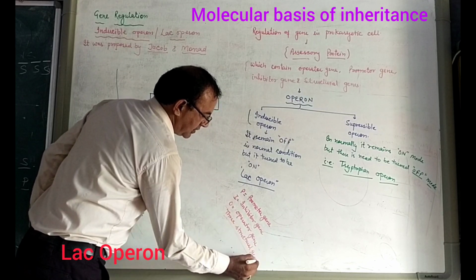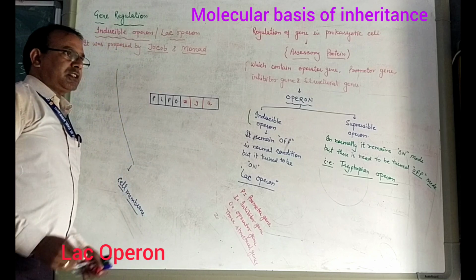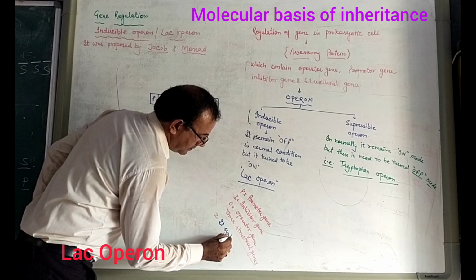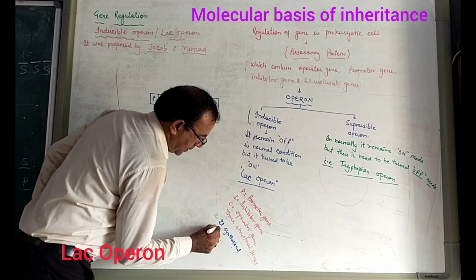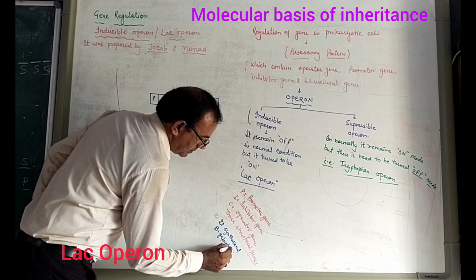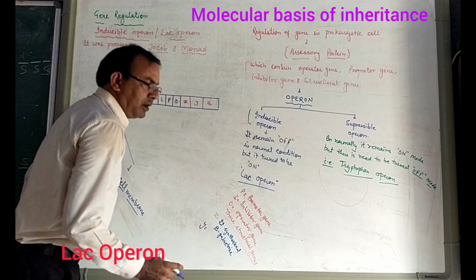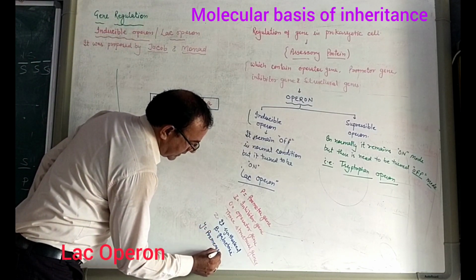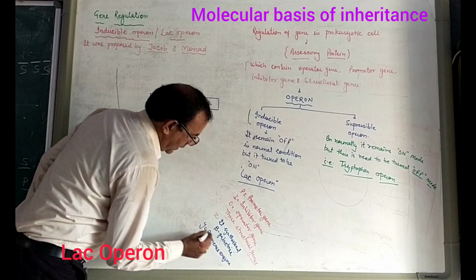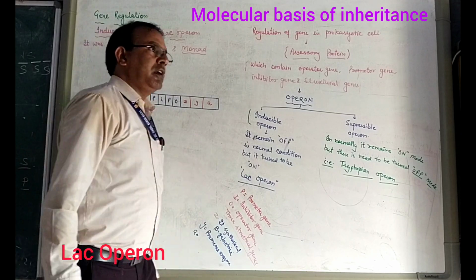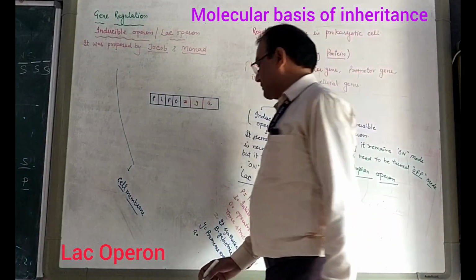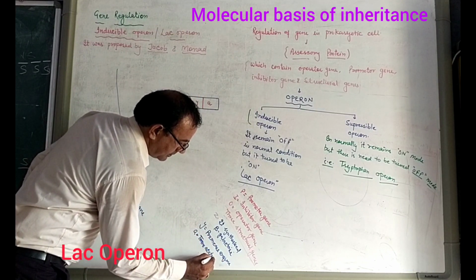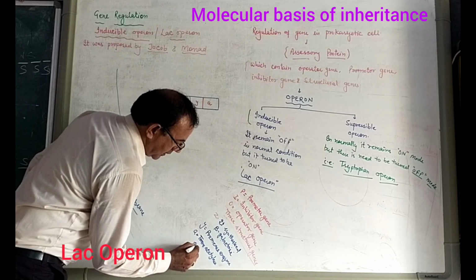And these three structural genes are: Z, which synthesizes beta galactosidase; Y, which synthesizes permease enzyme; and A, which stands for transacetylase enzyme.